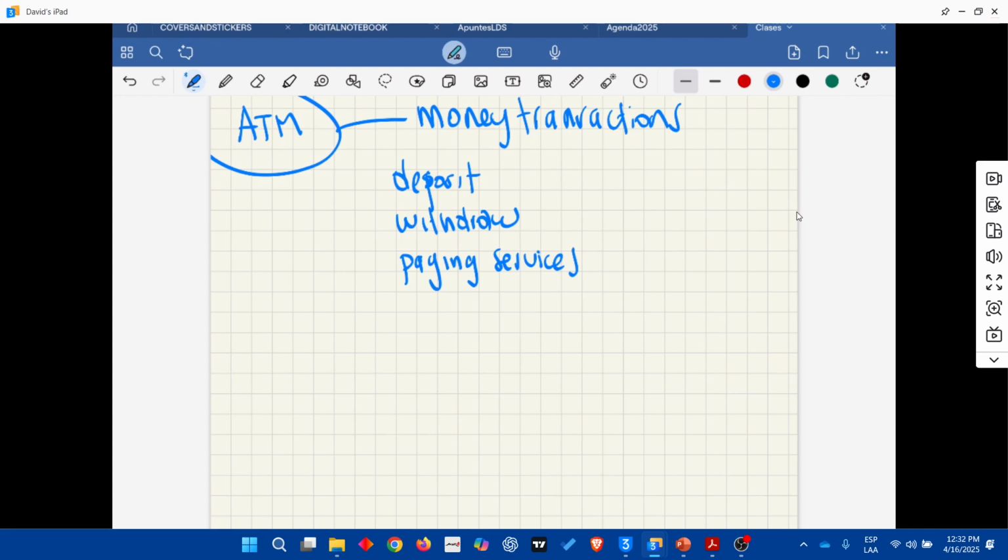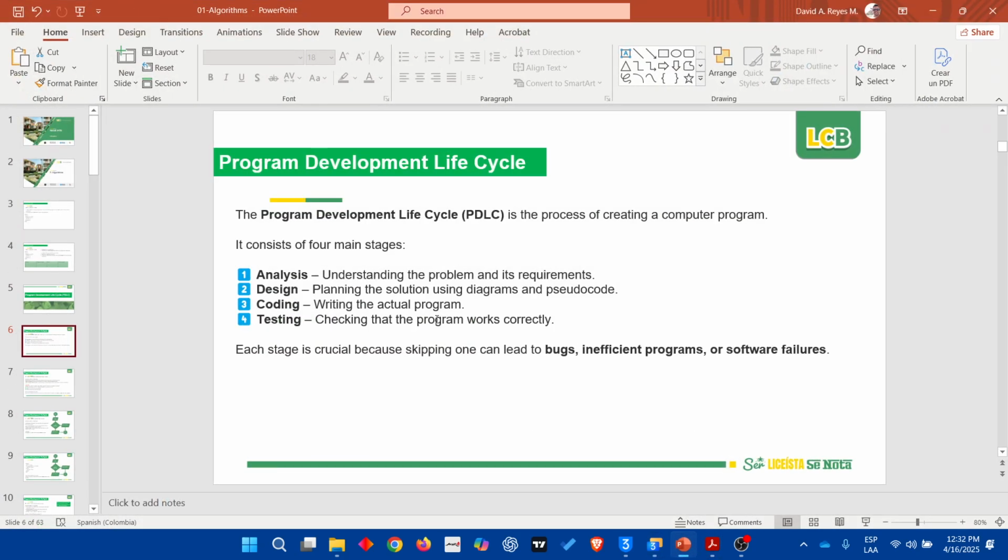So what do you need here? You need to understand the information that is needed here. This is what you need to start doing in this part. You need to understand the problem and its requirements.